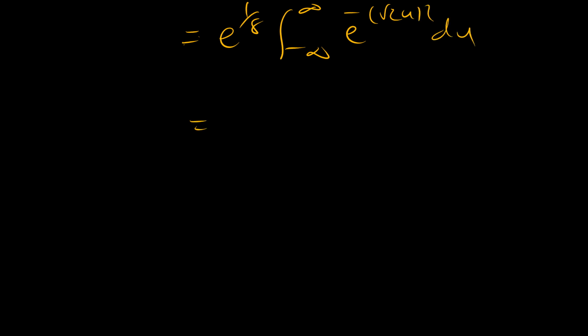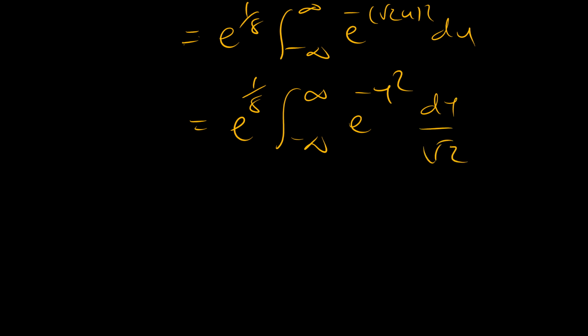So we have our problem that is the integral of e to the power negative root 2u squared du. This is equal to now e to the power 1 over 8 times the integral of e to the power minus y squared dy over root 2.